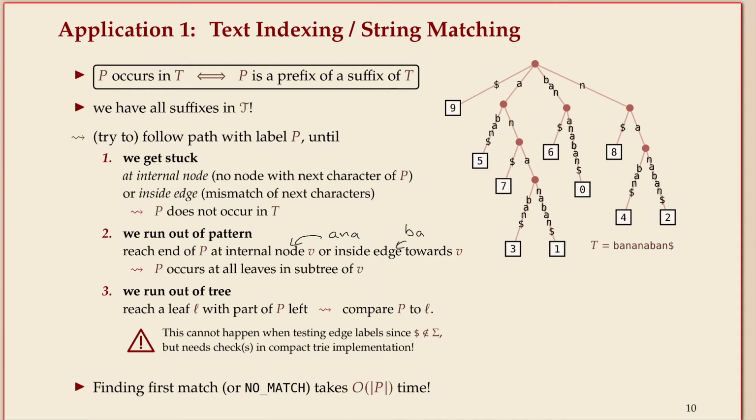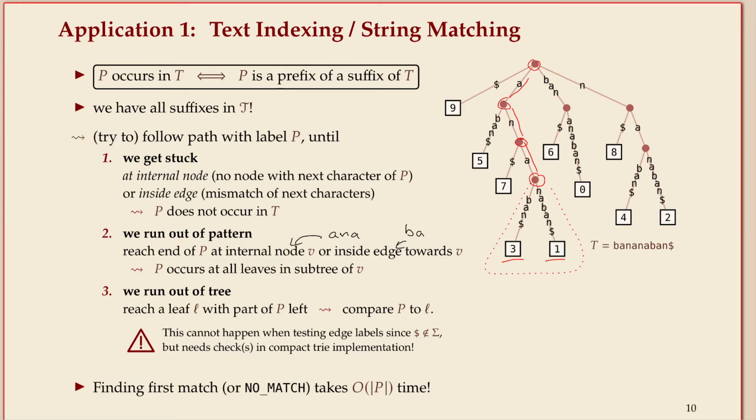So if we read A and A, let's do this example here again. That means all leaves in the subtree here are occurrences of the pattern, in particular at 3 and 1, as you've seen in the example.